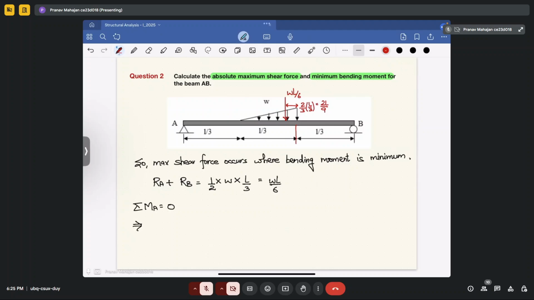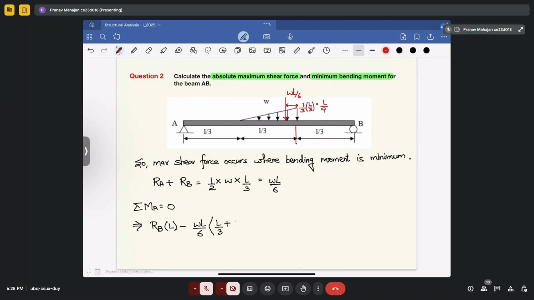So now calculate the reactions at point A and point B. So your RB into L minus WL by 6, which is your total load, acting at a distance of, sorry, this will be 1 by 3, so this will be equal to L by 9.